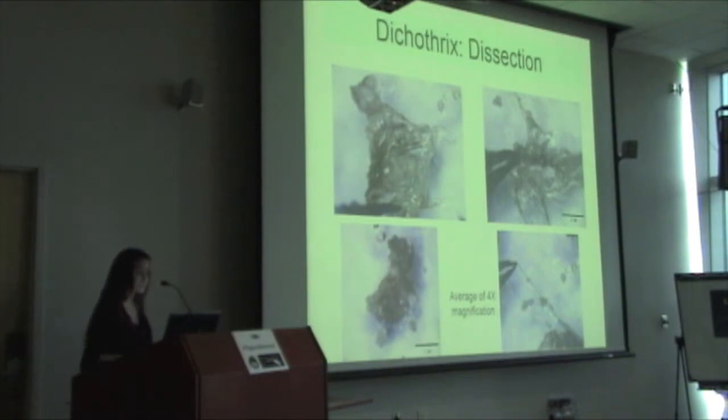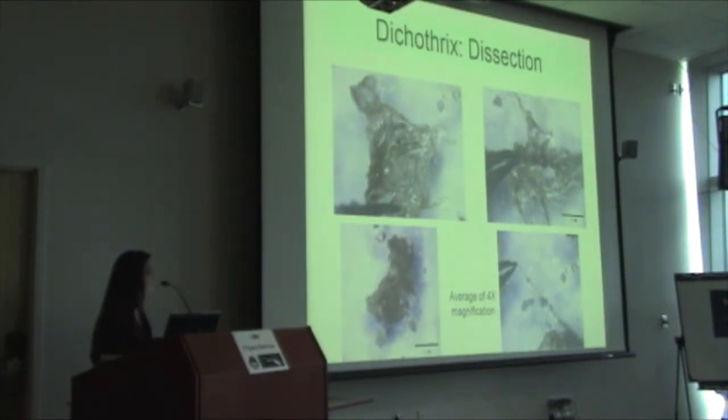This is actually the Dichothrix. This is what it looks like. It's about the size of half an eyelash. Our job was dissecting about 2, maybe 4 grams total of this Dichothrix. I did this using a dissection microscope, and as you can see, it's pretty filamented.